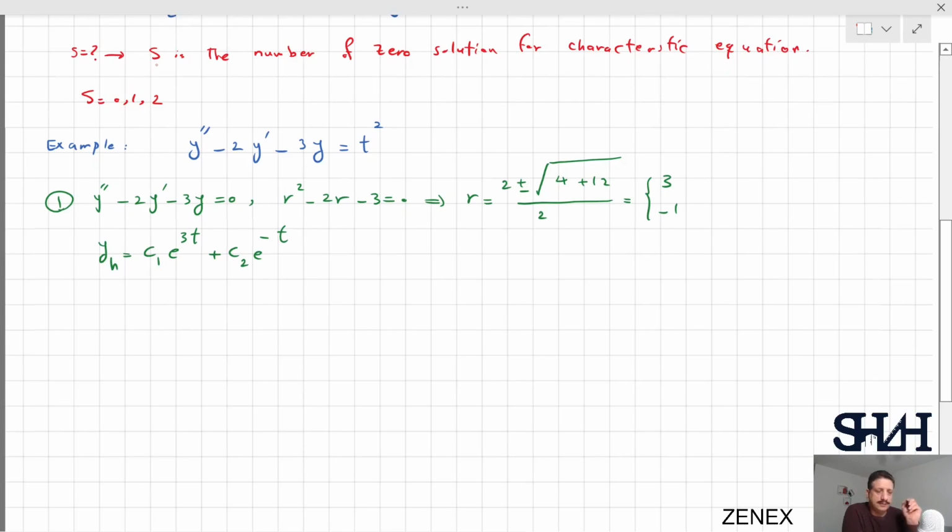Now, how many times is 0 the root of the characteristic equation? This is the question that we need to ask.